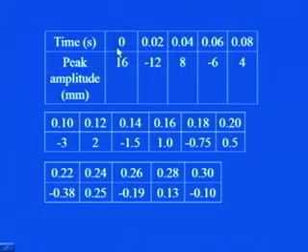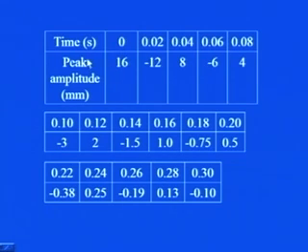So, how is it done? This is the data which has been supplied with the problem. With time, you see the time is increasing from 0 to 0.02 seconds, 0.04, 0.06, 0.08, then 0.10, 0.12 and so on till 0.30. And the corresponding peak: at time t equal to 0, since it is a free vibration test, the foundation was just pulled and then released, so the amplitude was maximum.